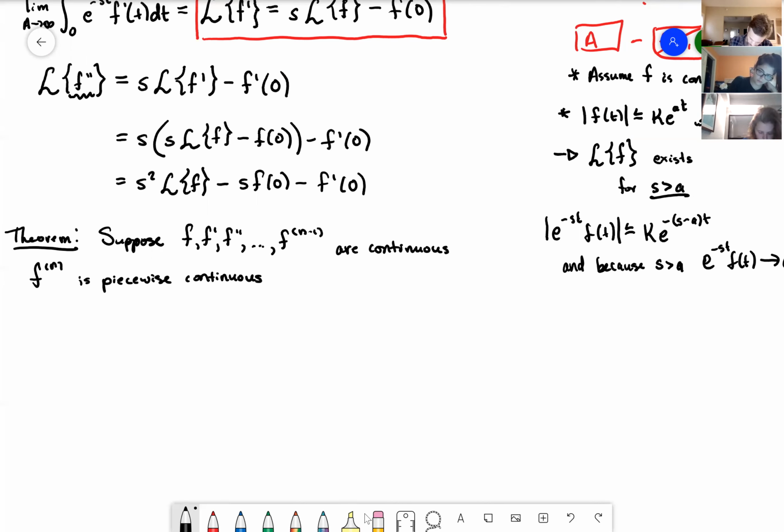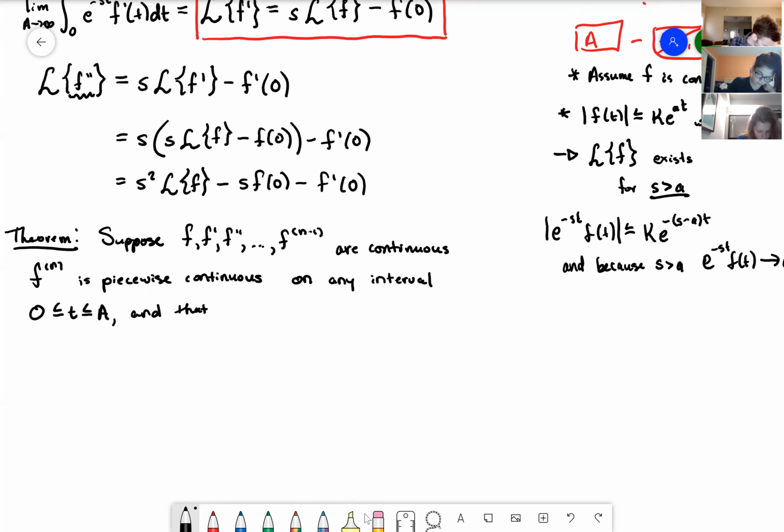So suppose all of the lower order derivatives are continuous. The highest one is piecewise continuous on any interval from 0 to a, making a arbitrarily large if we need to. We will need to.